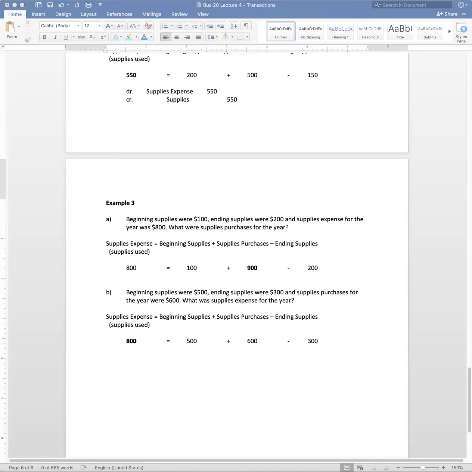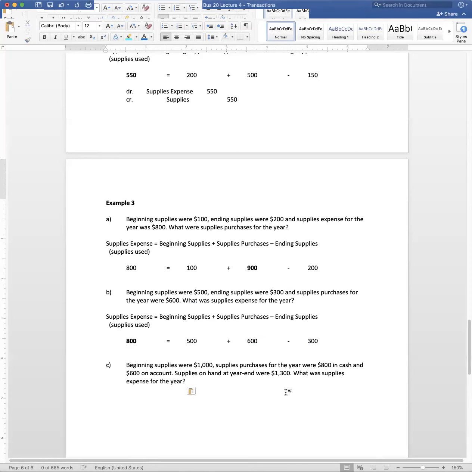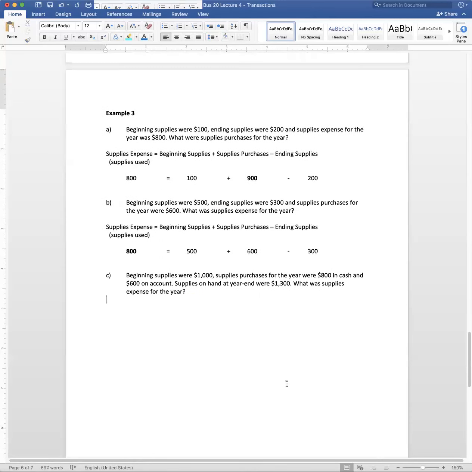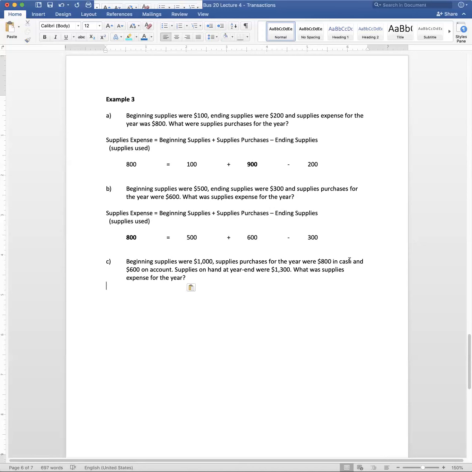All right, C. Beginning supplies were $1,000. Supplies purchases for the year were $800 in cash and $600 on account. Supplies on hand at year end were $1,300. So what was the supplies expense for the year?